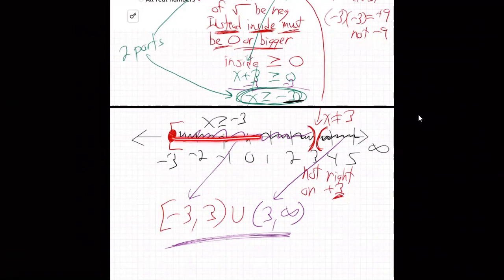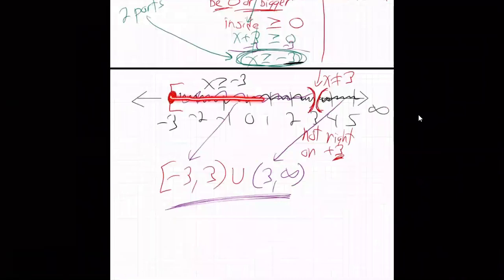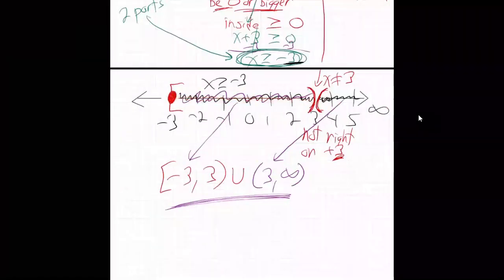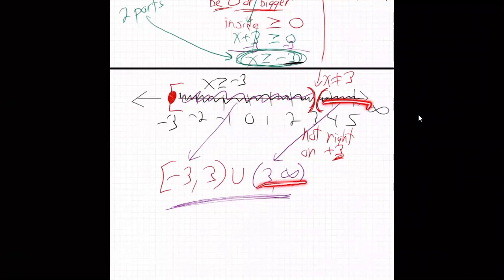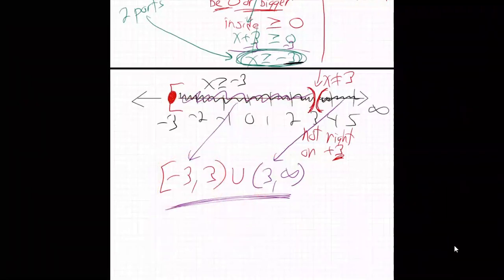Or greater, or to the right. But you can't be right on 3. I see. Because that was our first condition: X cannot be 3. So all the numbers from -3 up to 3, and then from 3 the rest of the way, 3 to infinity. Parenthesis on both those 3's, bracket on the -3, because we include the -3 and we don't include the +3. There we go.